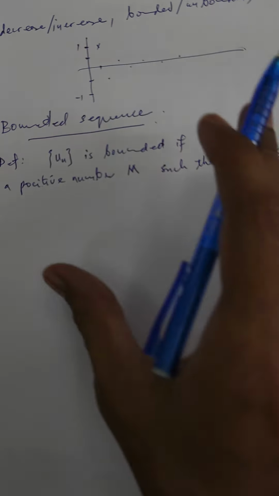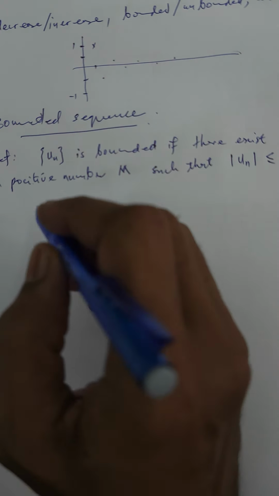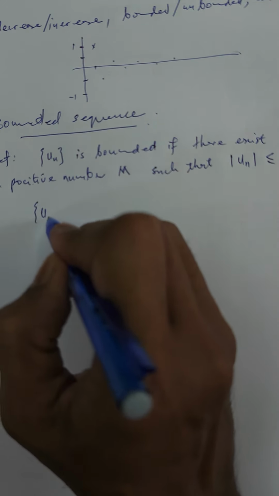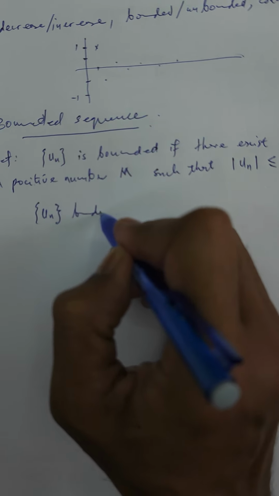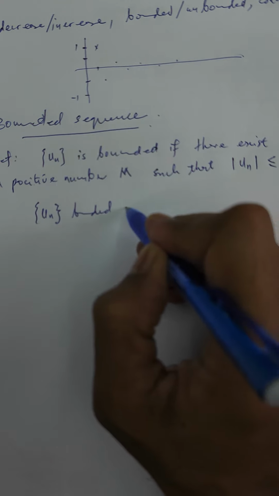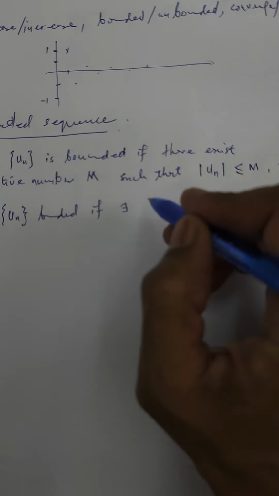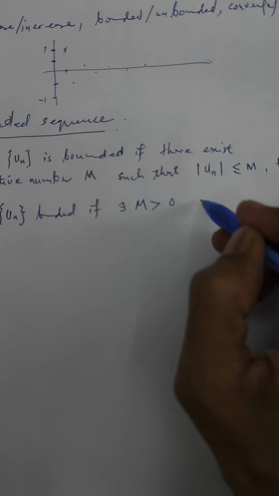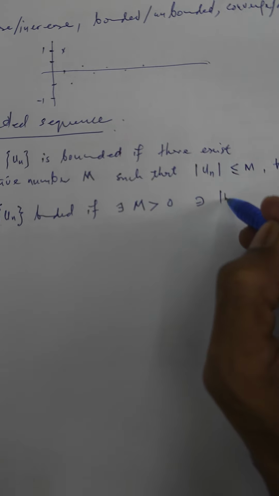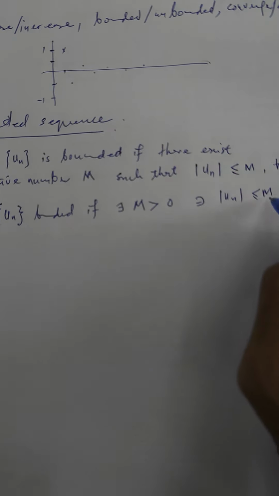So mathematically, what do we say? We say un is bounded if there exists, or we can find, a positive number m such that un is less than m.